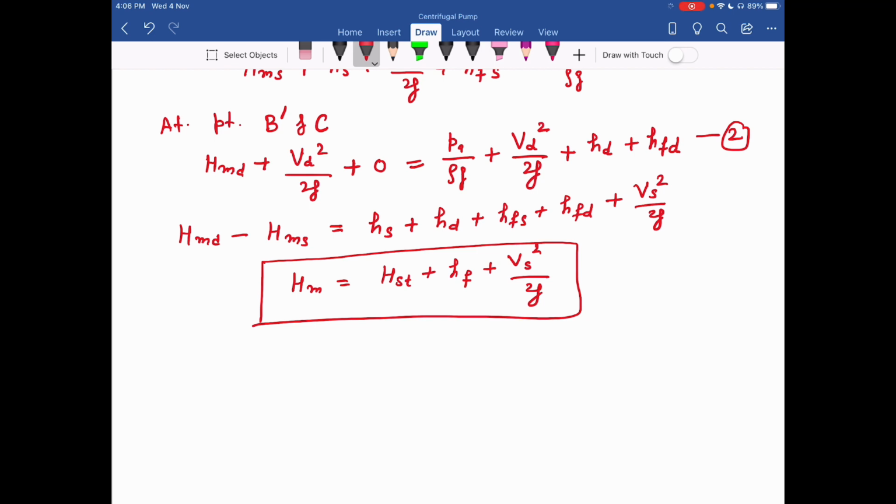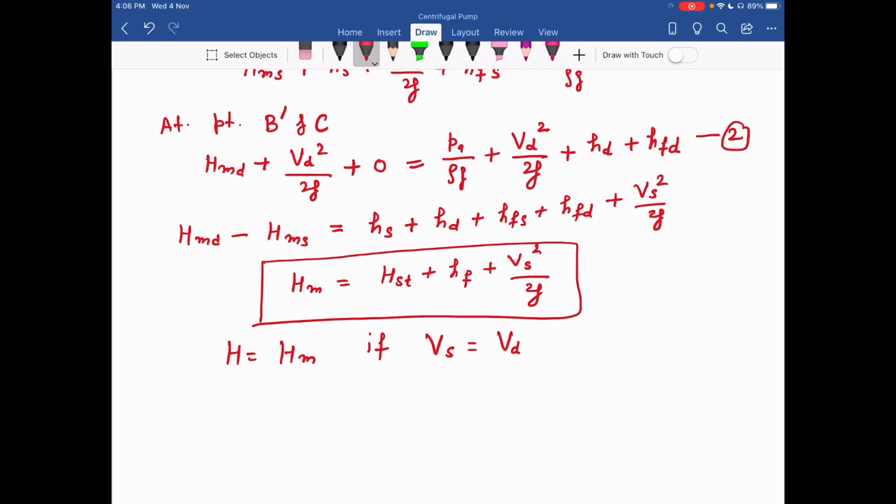So you can say my H is equal to HM if Vs is equal to Vd. It is to be noted here that H is the total increase in energy of the liquid by the pump, whereas HM is the gain in pressure energy only.